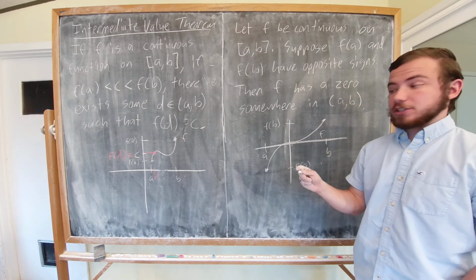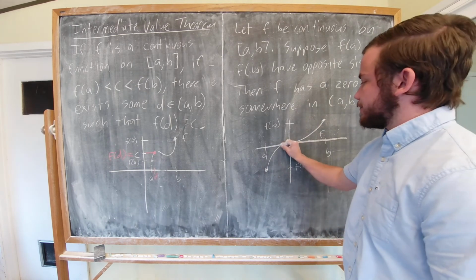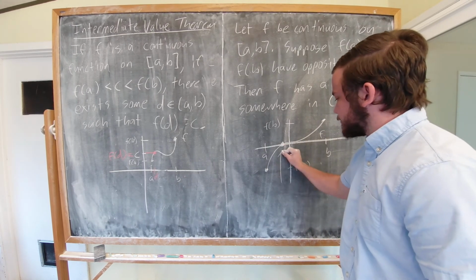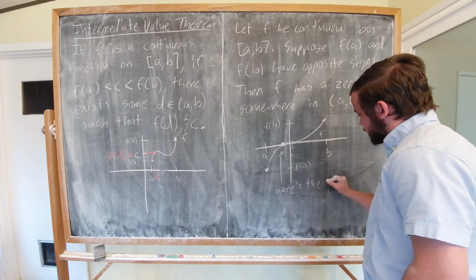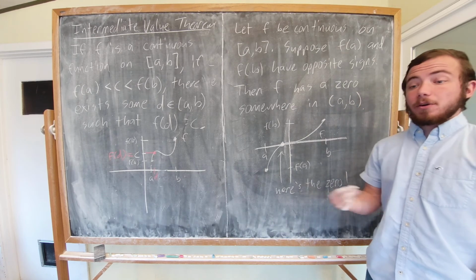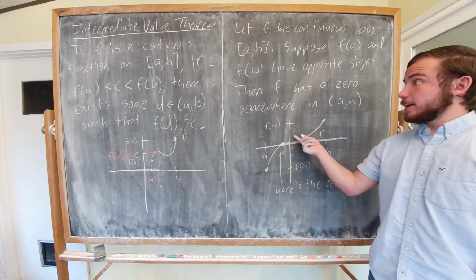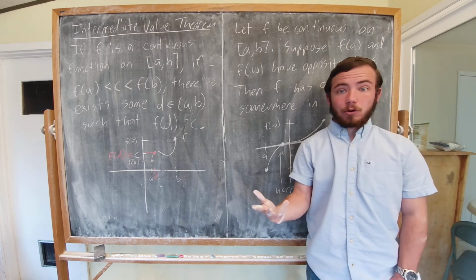Other way around would have worked too. I know that there has to be a 0 somewhere in there. And in fact, here's the 0. So that's pretty important because finding roots is a mathematically both interesting and useful problem.